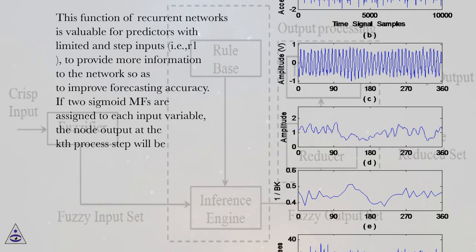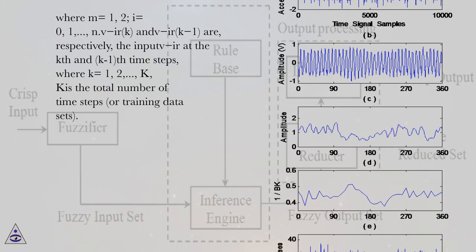If two sigmoid MFs are assigned to each input variable, the node output at the Kth process step will be given, where M equals 1, 2, I equals 0, 1, and the inputs are the values at the Kth and (K minus 1)th time steps, where K equals 1, 2, up to the total number of time steps, or training data sets.